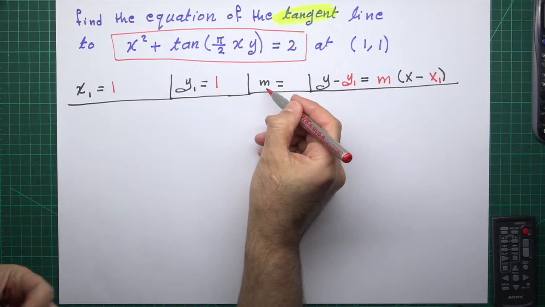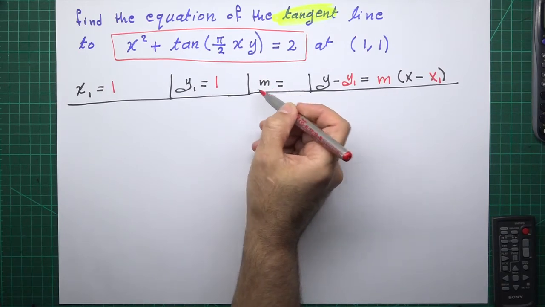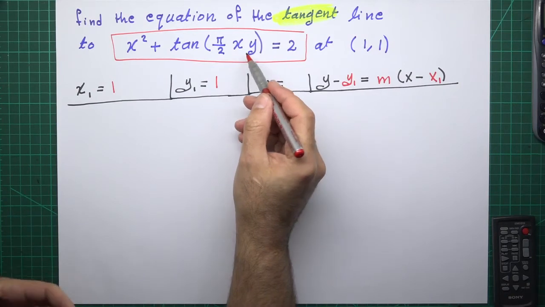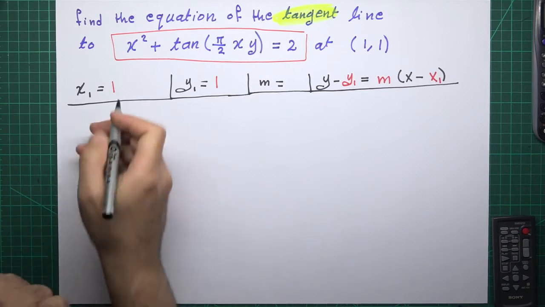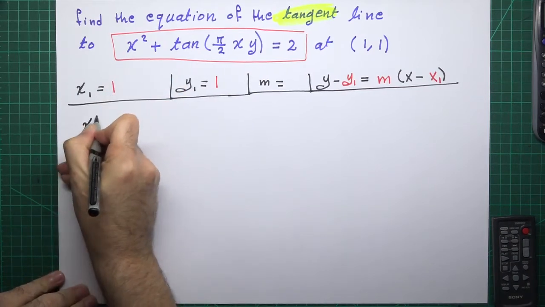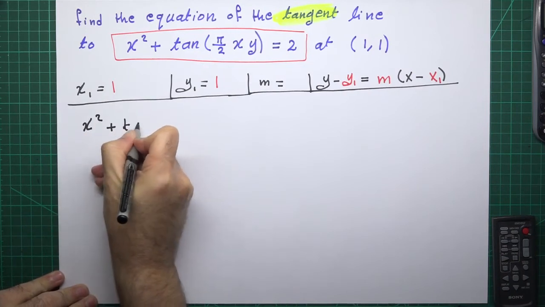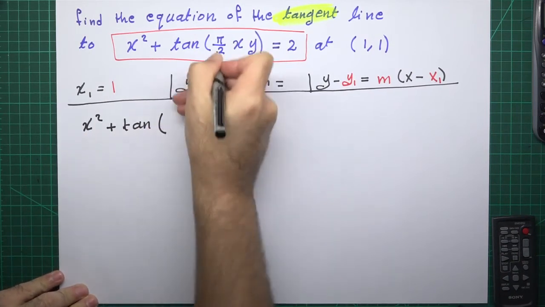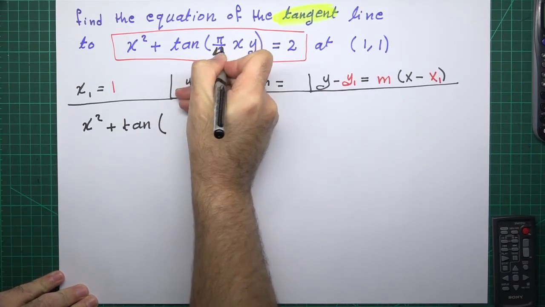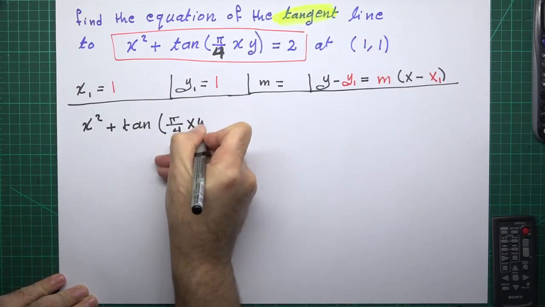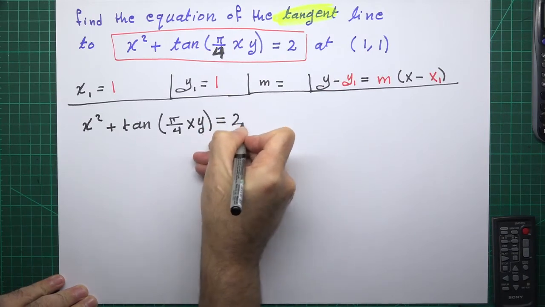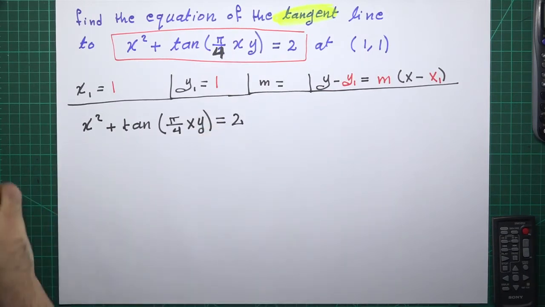The left m حتى نحصل على m we have to find the derivative for this حسب ظروفها. بهذه الحالة في عندنا implicit differentiation. خلوني بس أكتب هذه الريليشن: x squared plus tan of pi over 4 xy equals something, then I will find the derivative for every single term in this relation.